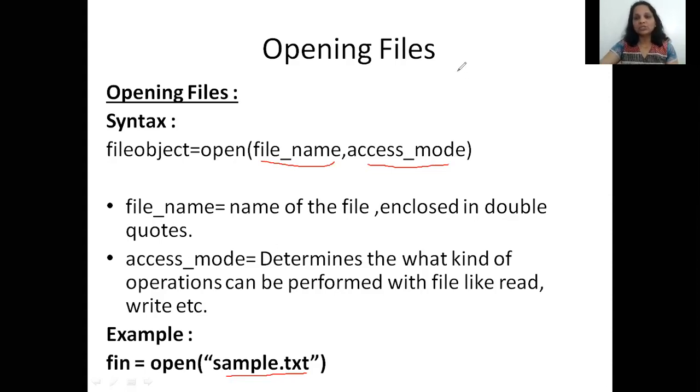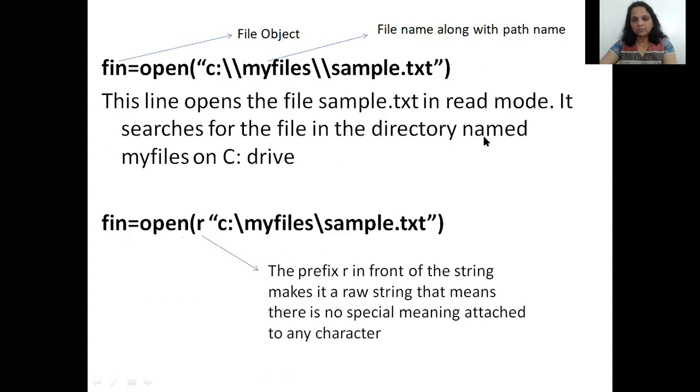Okay, so let me just take you to my next screen. But before I take you to my next screen, let me just clear up my annotations. Okay, now what did I specify here? Like I told you, if sample.txt was not in my current working directory, then what do I do? I give the complete path name.